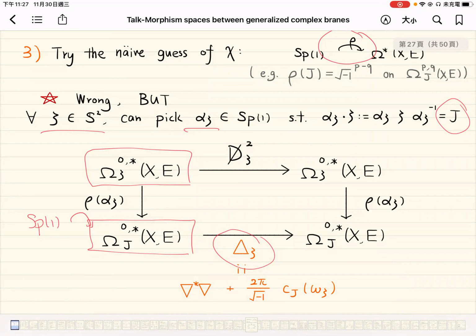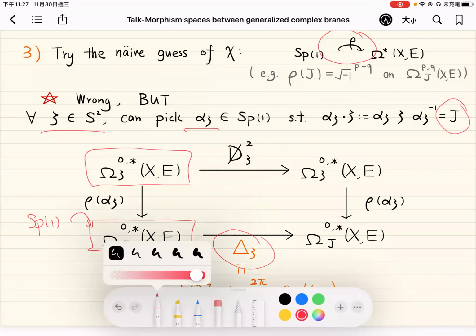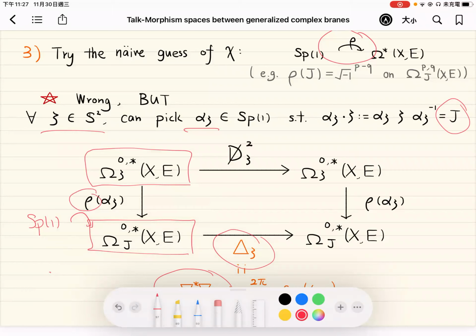The first part is the covariant Laplacian, because this rho is an SP1 action sitting inside a bigger group, the SP4C, and we know that the SP4C commutes with the covariant Laplacian, so this part does not change. However, the second part changed.